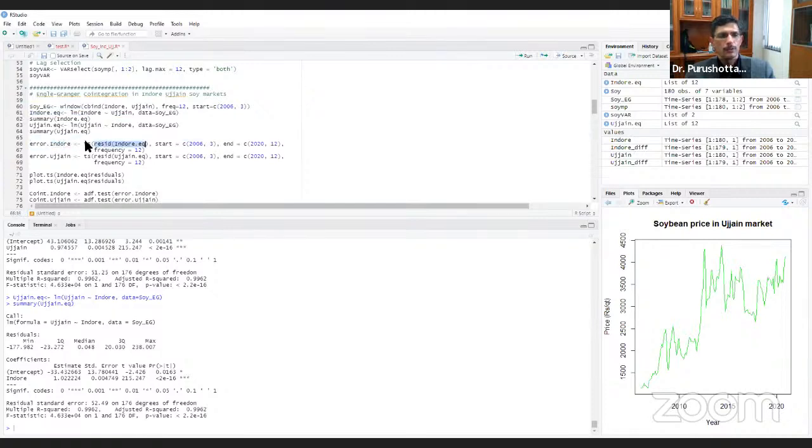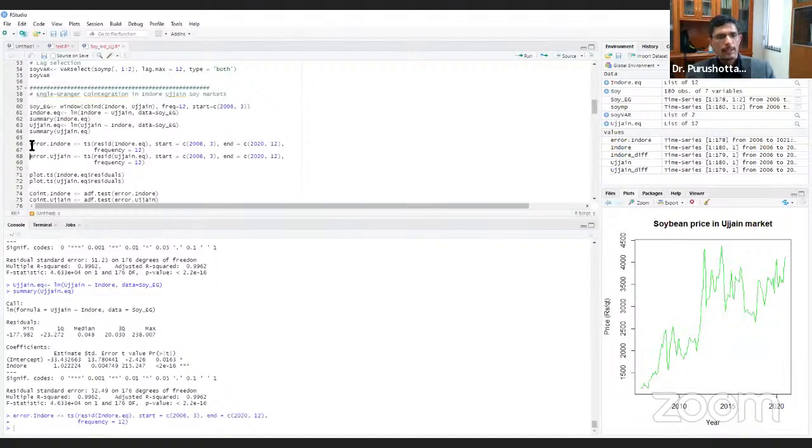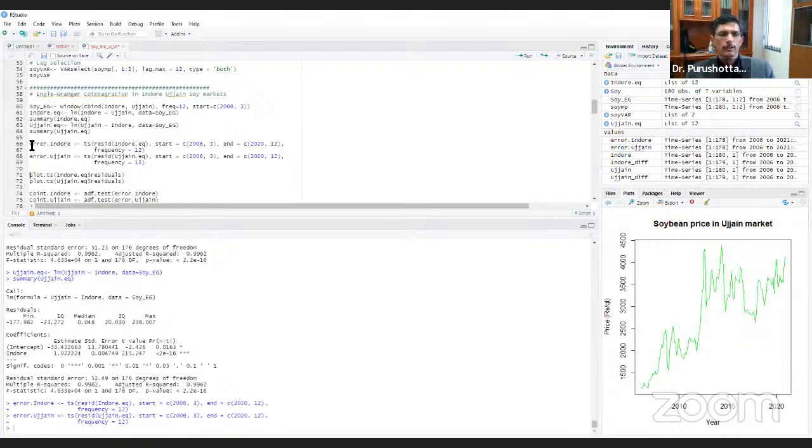We are going to see the residuals of the Indore series, Indore regressed on Ujjain. So we are going to store the errors in error Indore and error Ujjain.